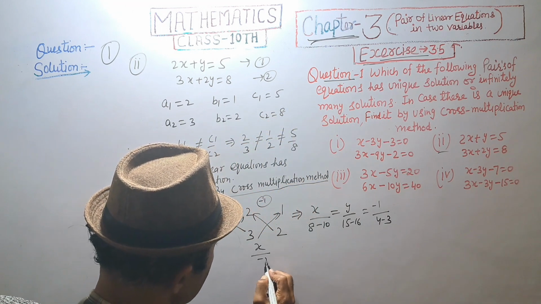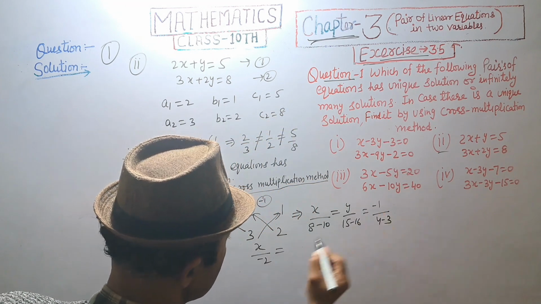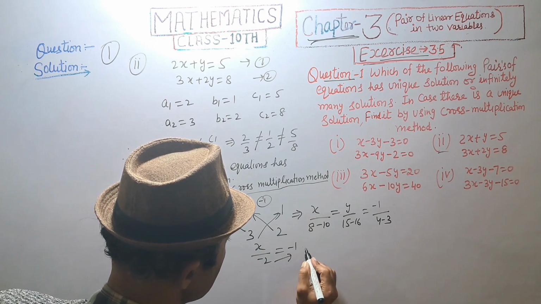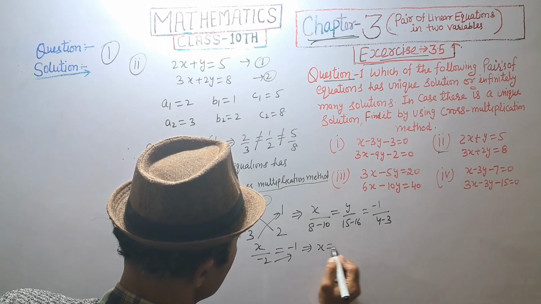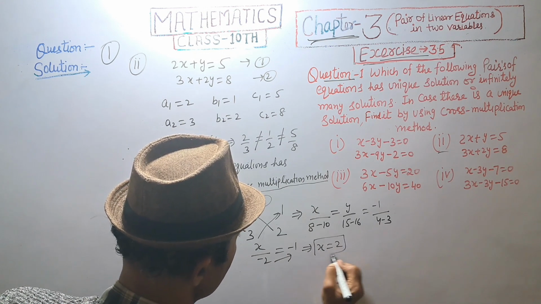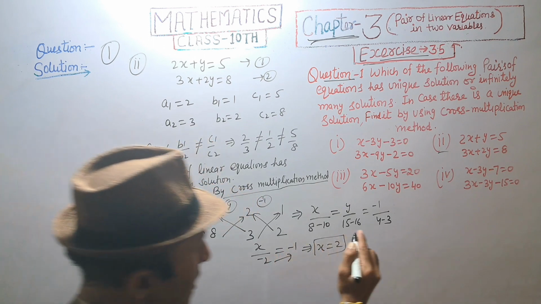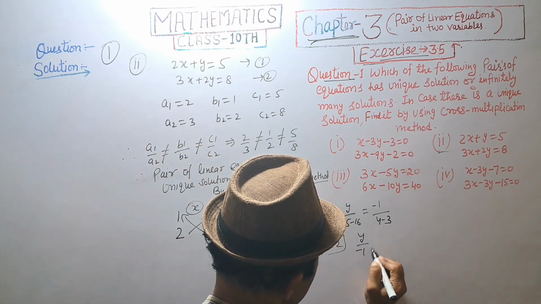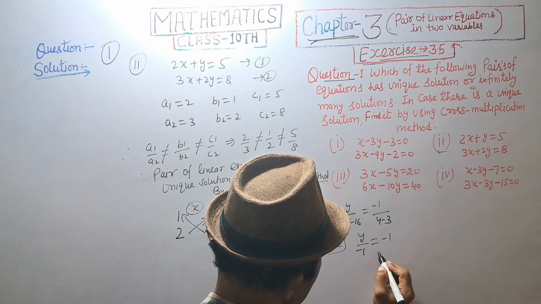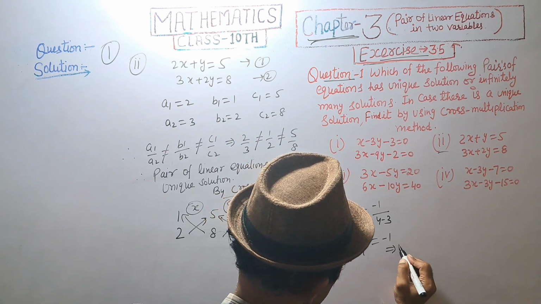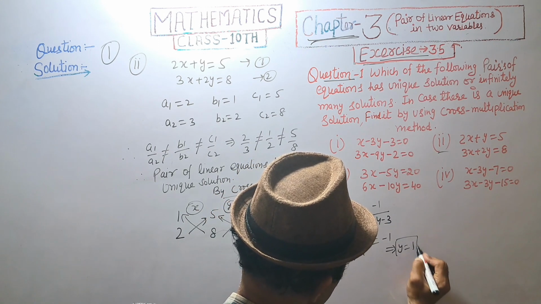X upon minus 2 is equal to last, that is minus 1. This implies x is equal to positive 2. Minus minus, that will be positive. And y upon minus 1 is equal to minus 1. This implies y is equal to positive 1.